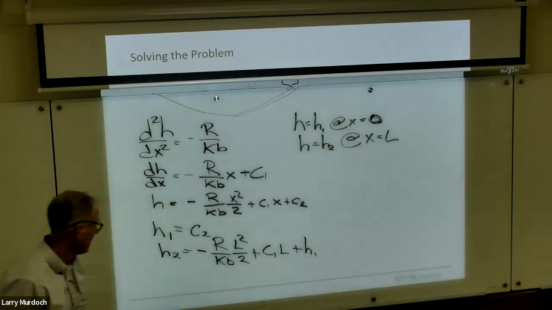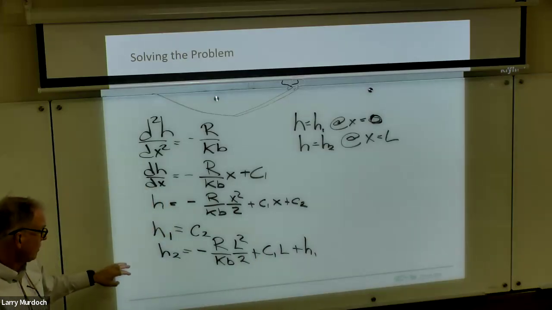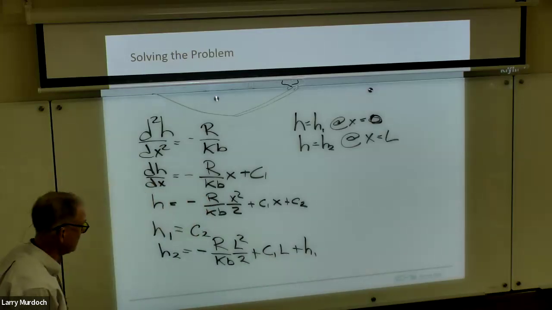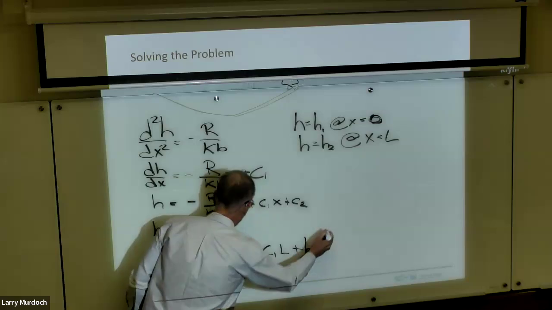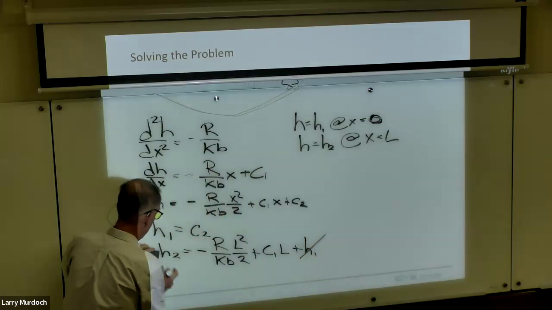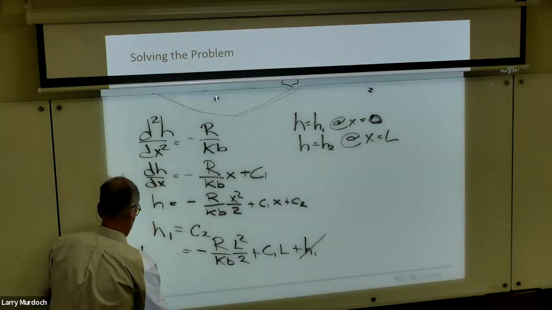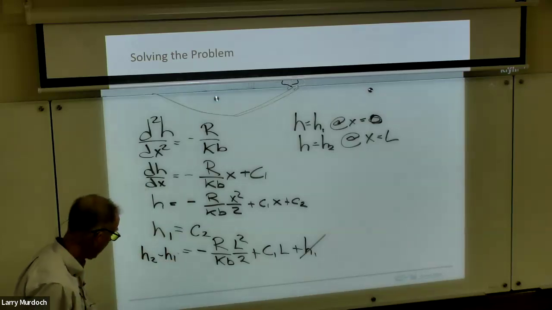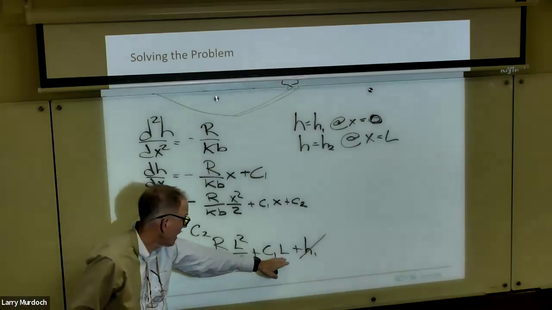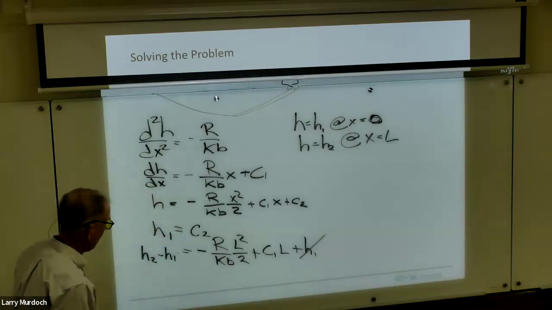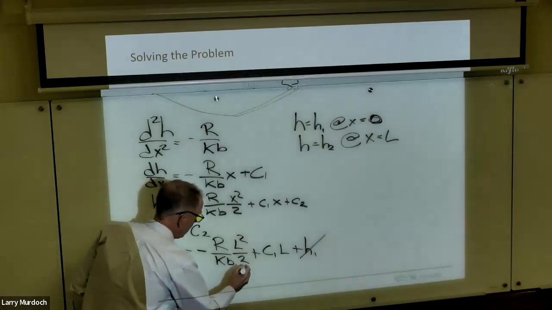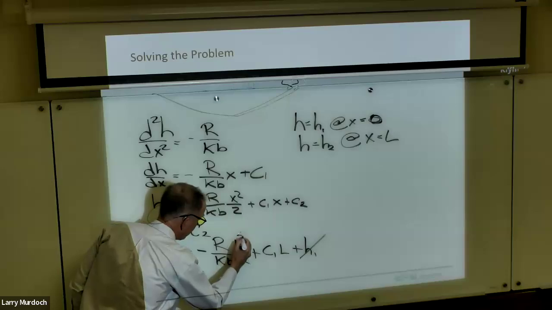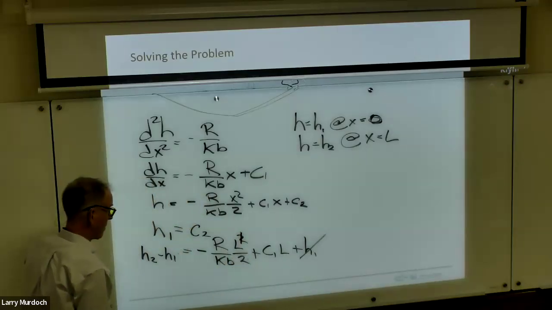That's what we're interested in. So I'm going to subtract H1 from both sides. And if I do that, I get H2 minus H1. And then I'm going to divide all the terms by L. So if I divide this one by L, that's going to get rid of that squared.